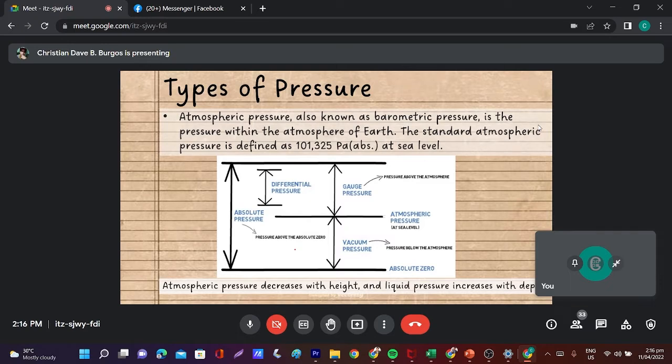Atmospheric pressure is also an absolute value because its reading starts from absolute zero, then reaches the atmospheric pressure line at sea level.